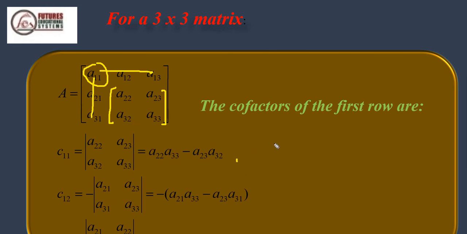That's the first one. The second one, choose A21, negative. Hide this row and this column, and this matrix in this case is A12, A13, A32, A33, and apply the determinant.